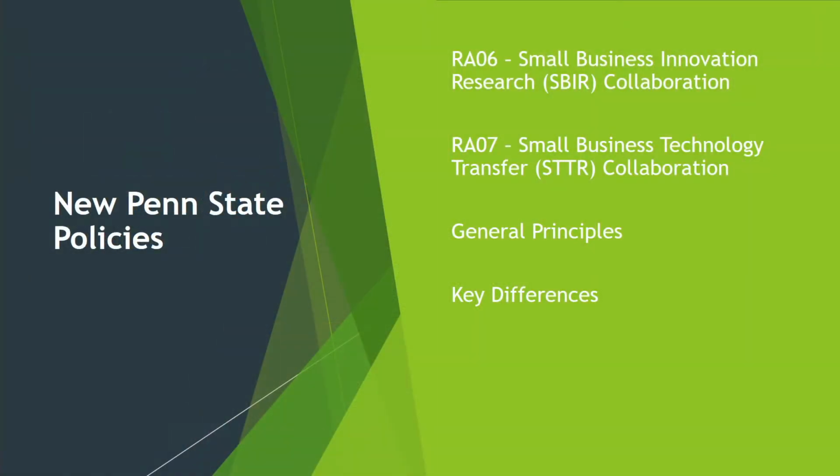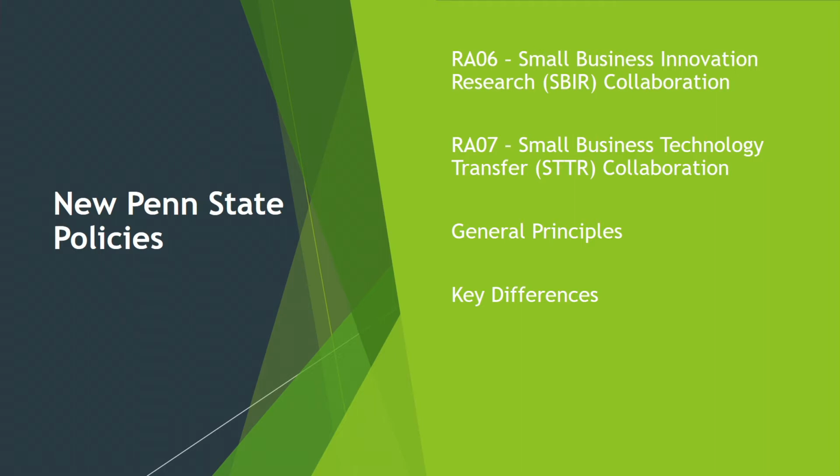So, looking at these cases, in light of the strict subcontracting limitations, increased government scrutiny, and recent enforcement actions, but also just based on fundamental principles of ethics and compliance, the university decided to create 2 new policies, one for SBIR collaboration and the other for STTR collaboration for the university research community.